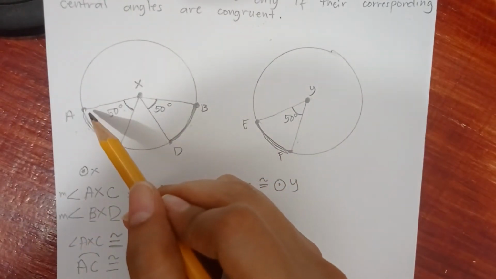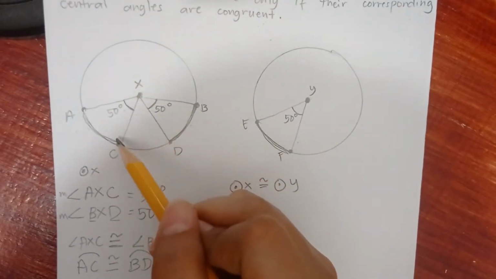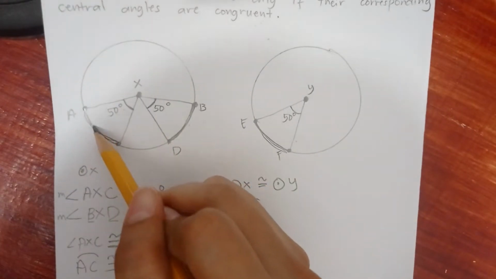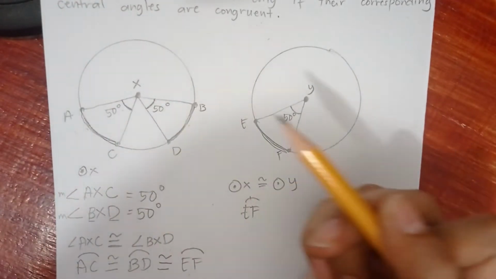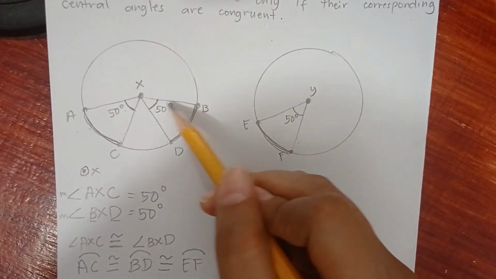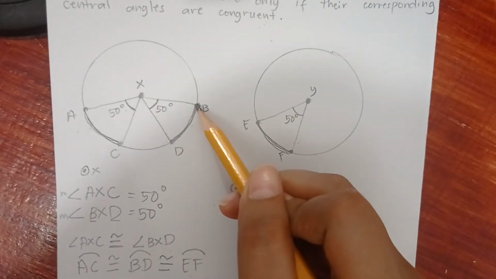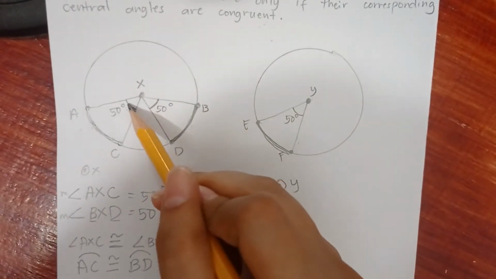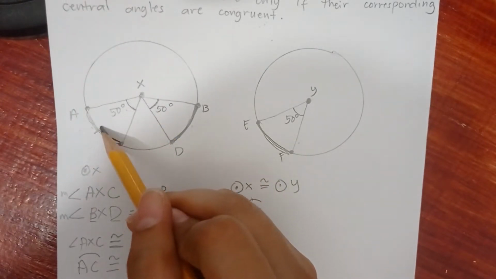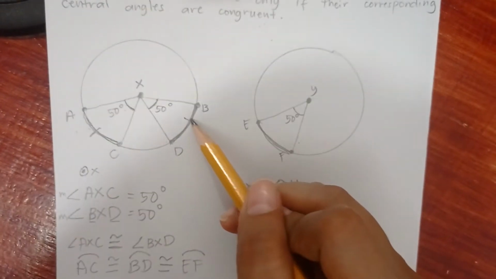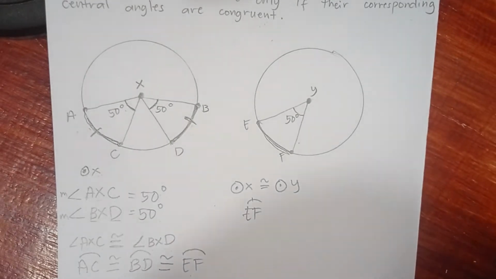Ano ba ang intercepted arc ng angle AXC? Ang intercepted arc niya is arc AC. Right? Tapos sa angle BXD, ang intercepted arc is arc BD. So dahil congruent sila, therefore, arc AC is also congruent to arc BD.